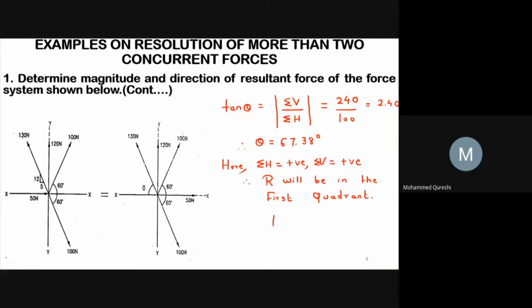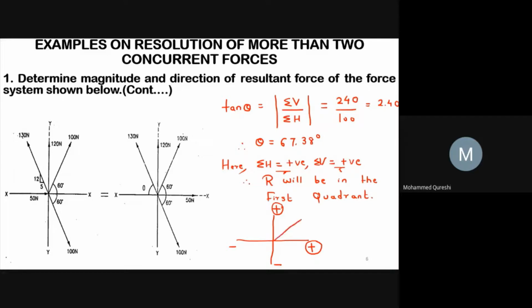So now we will notify the resultant by drawing a simple figure. This is x plus, this will be your minus x-axis. This y will be your plus axis and this y will be your minus axis. Here sigma h is positive and sigma v is positive. Vertical force is also positive, hence our R will be in the first quadrant.